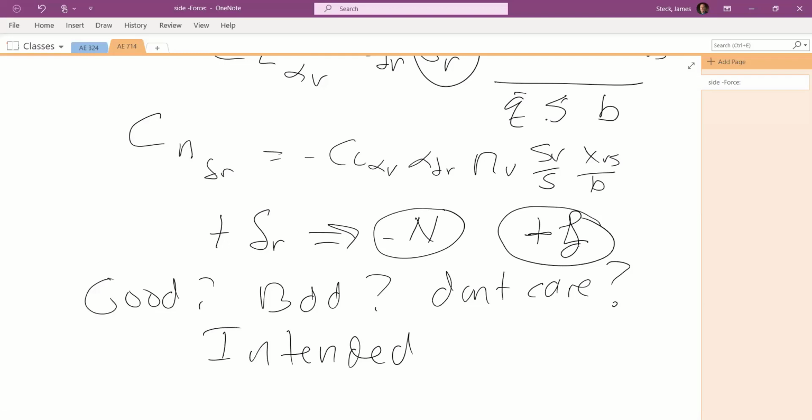So feedback. Do you like this? You'd rather I write on the board? Good, bad, don't care. It's a side effect. Works either way. What do you think? How many people like this? How many people like the board? Okay, so a couple people.